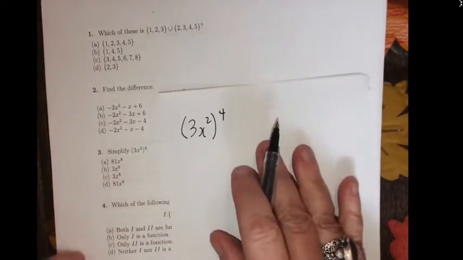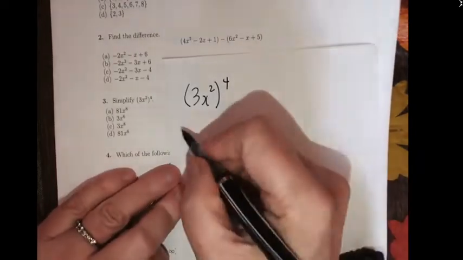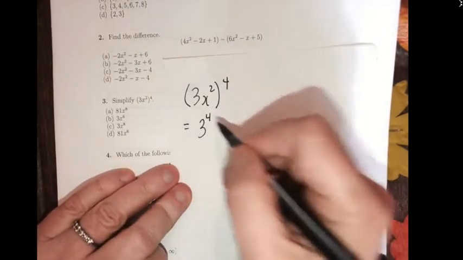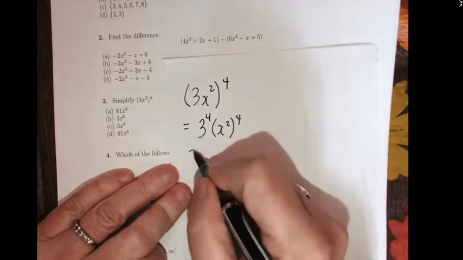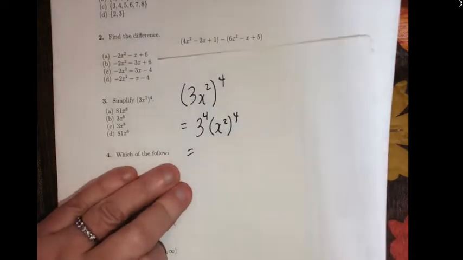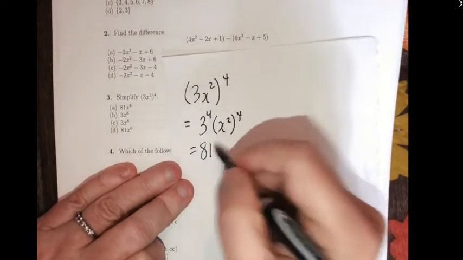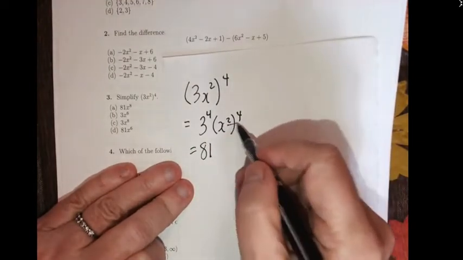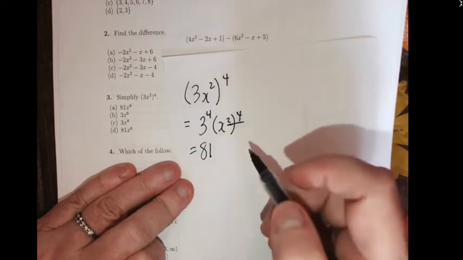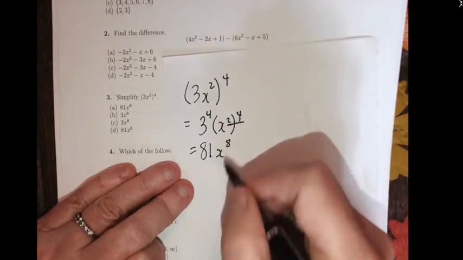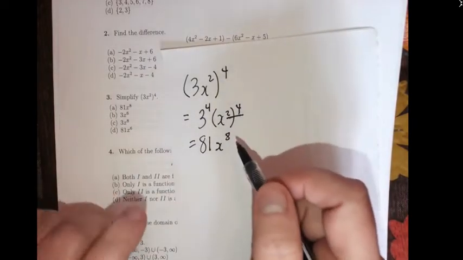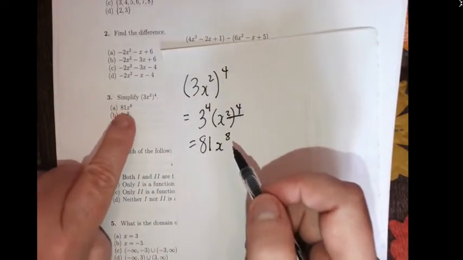Since it's a product, it's going to get applied to everything inside. So this is going to be 3 to the 4th times x squared to the 4th. And 3 to the 4th is 81. And then the rule here is you multiply your exponents. And that's going to be x to the 8th. Okay. And so that's my answer here is A.